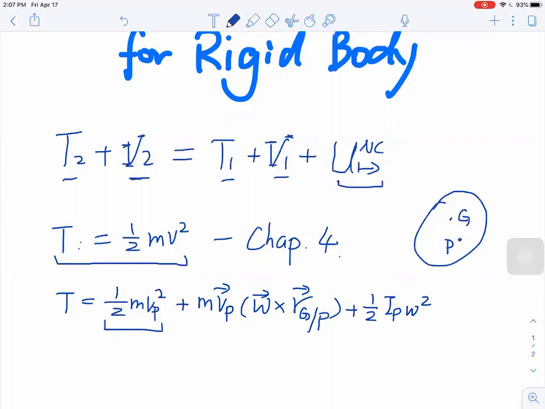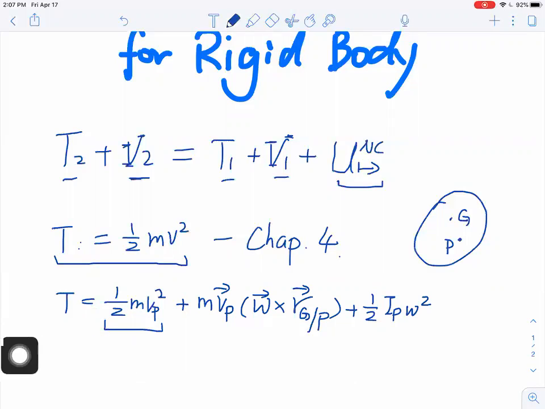If you're interested in how we go from this simple equation to this more complicated equation, there's a derivation in your textbook, feel free to look it up. I don't want to spend a lot of time on that here, so I just give the equation.